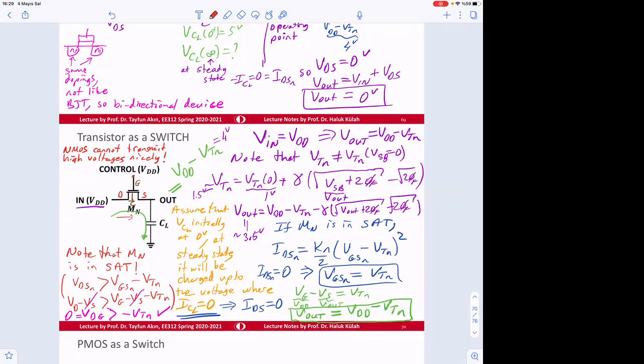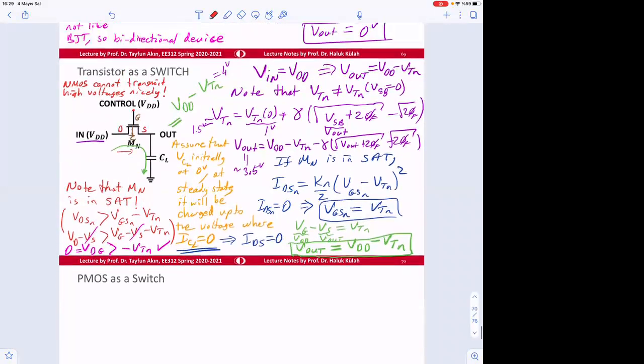Okay, so then there's a problem of transmitting the high voltages here. I hope this is clear.